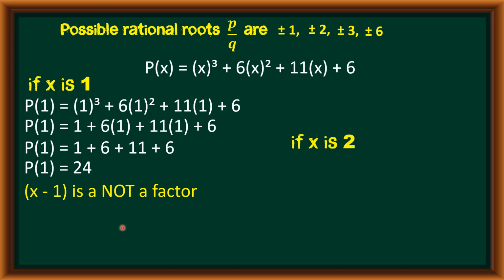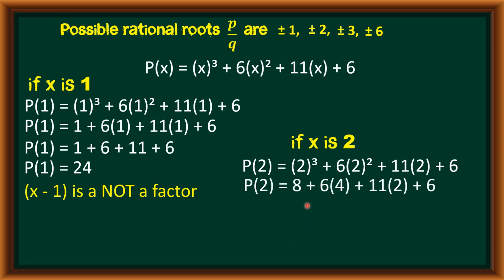And let us try again, how about if x is equal to 2? Substituting the value of x, we have 2 cube plus 6 times 2 square plus 11 times 2 plus 6. So 2 cube is 8, 2 square is 4, and then the rest. 8 plus 24 plus 22 plus 6 is equal to 60, which is not equal to 0. Diba?